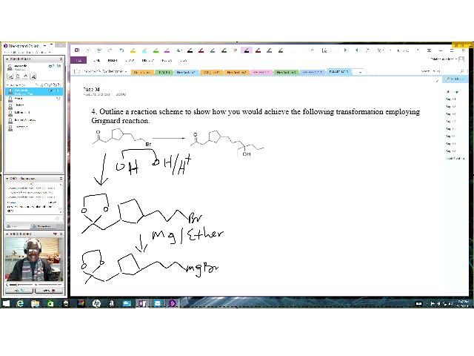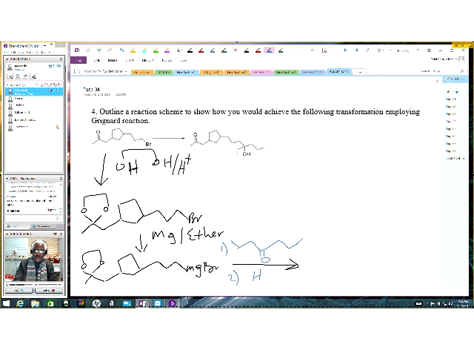Now that we have our Grignard reagent, what do we now do? We react the Grignard reagent with the appropriate ketone, step 1. Then step 2, you add the hydrogen ion.